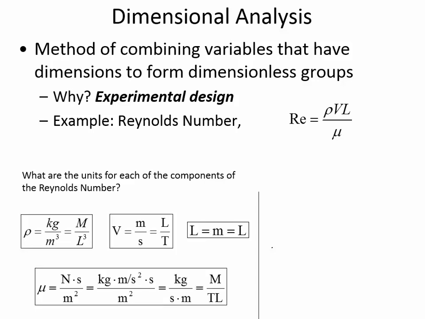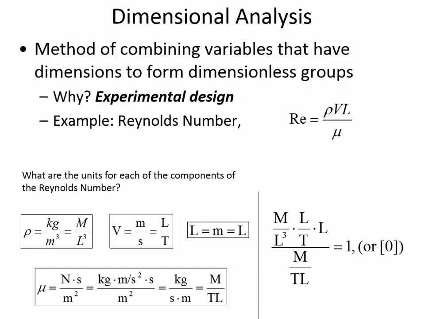If we look at the units of the Reynolds number, it's unitless because density, for example, has units of mass per length cubed. Velocity is length per time. And then the length parameter is length. Well, viscosity, if you expand out all of the units, newtons can't just be expressed directly in terms of mass, length, and time.